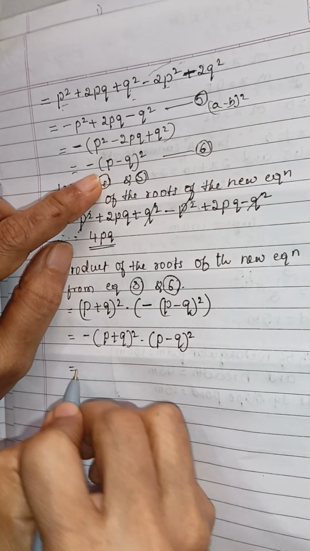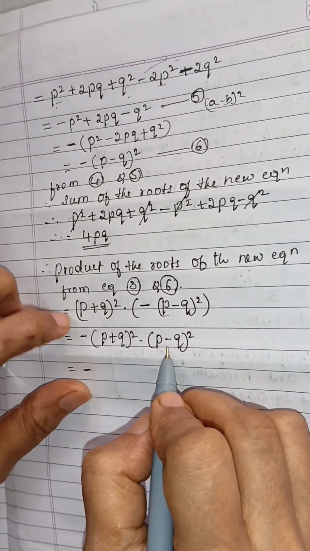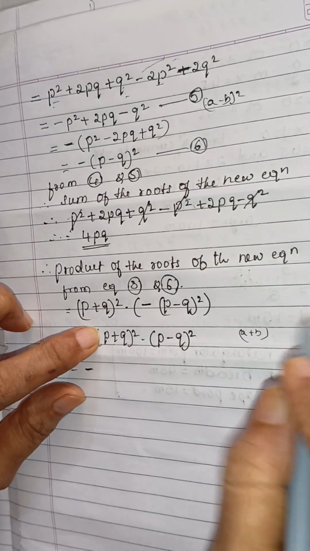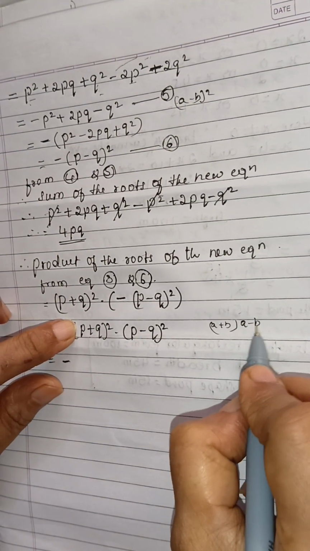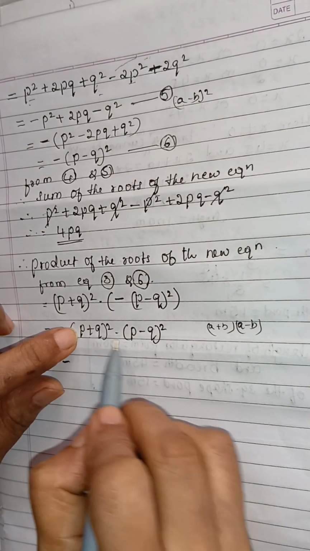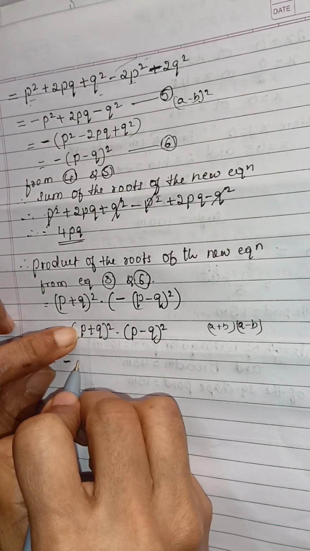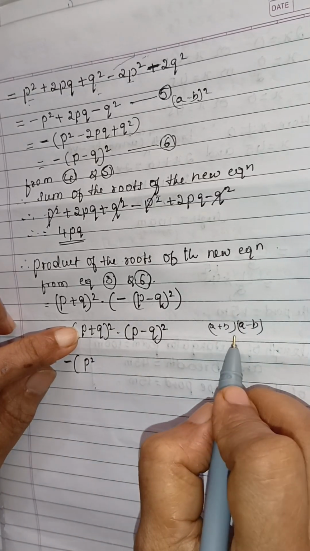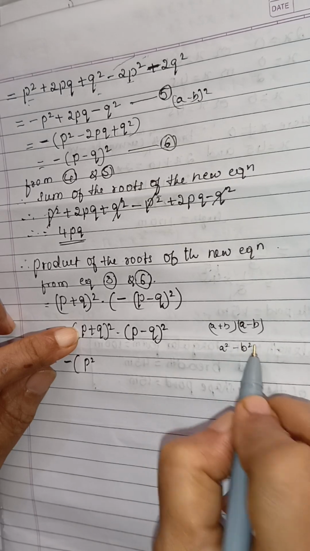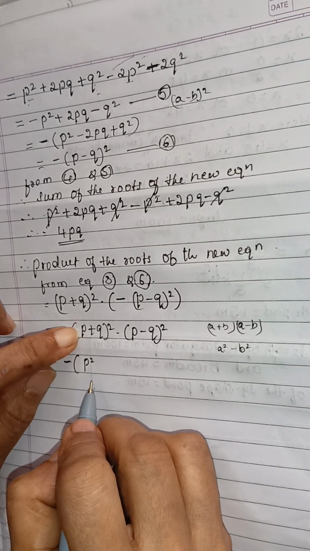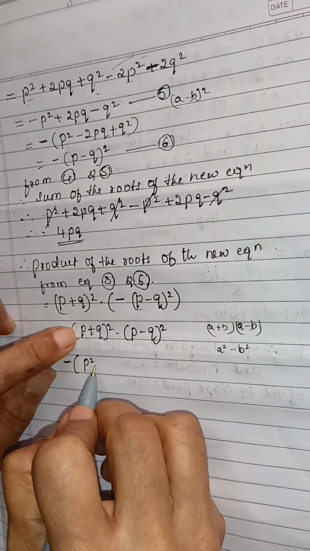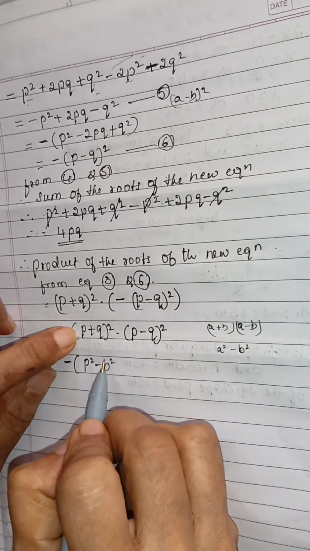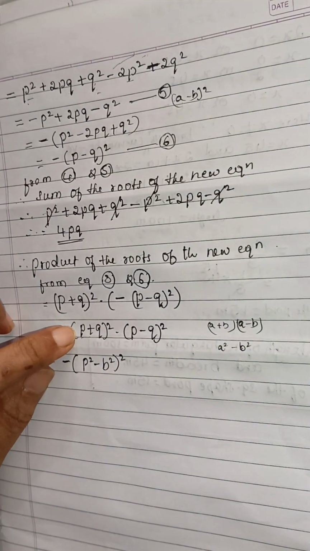Therefore minus, a plus b into a minus b, that is p square. A plus b into a minus b is what? a square minus b square, no? So it is p square minus q square, whole square.